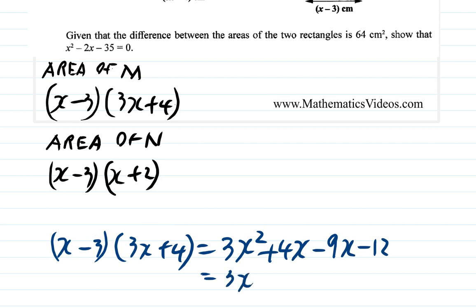That is 3x squared, 4 minus 9 is negative 5, so negative 5x minus 12. So that is the area of M.